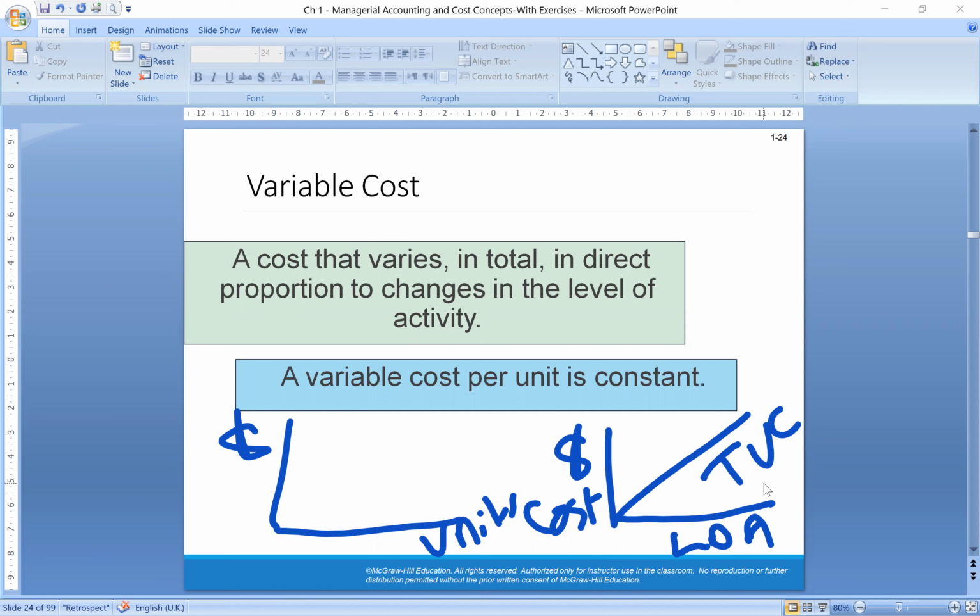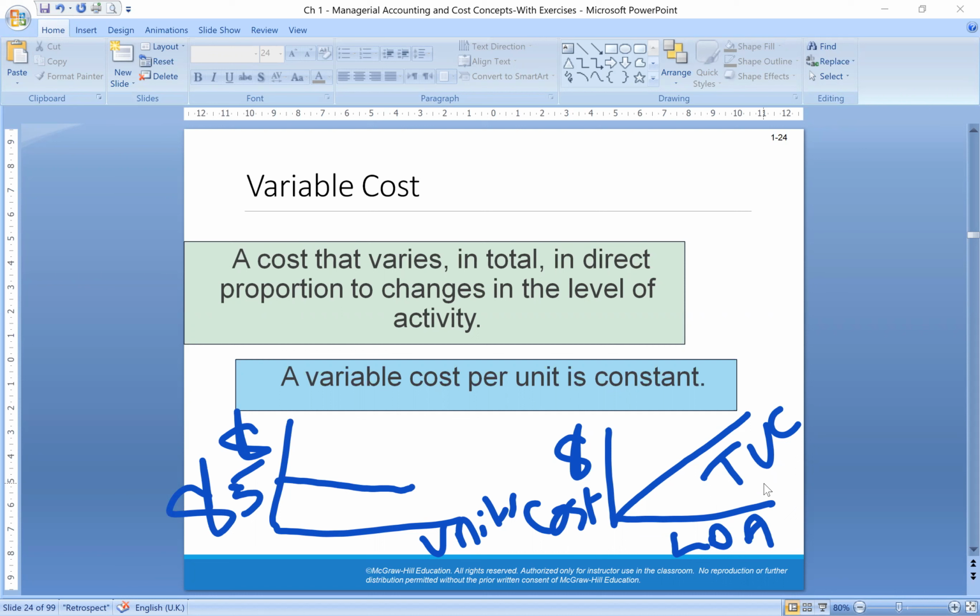It will be $5 also. For the third table, we need $5. For the 10th table, we need $5, which means this line will be constant, referring to the $5, which is the cost of the direct material of a table. So the variable cost per 1 unit is constant. Again, the wood for 1 table is constant if we are talking about 1 table.